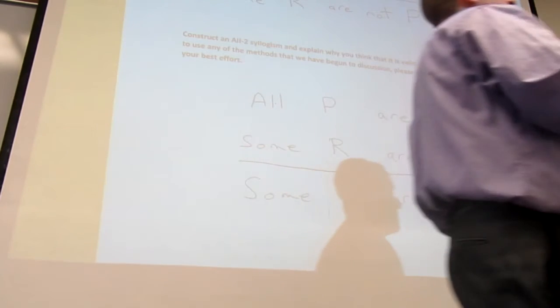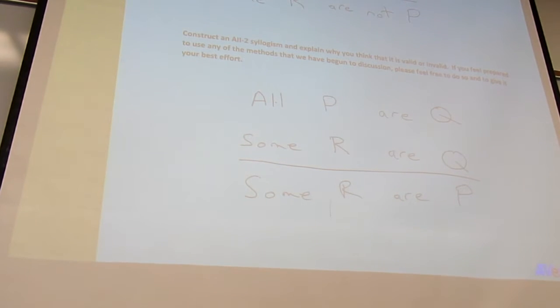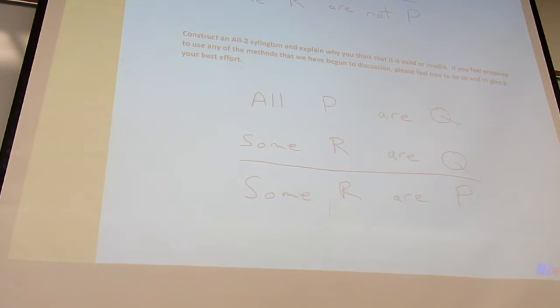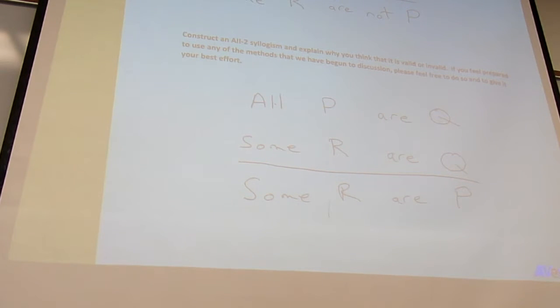If it turns out to be false, you can say without a doubt that it is invalid. So suppose we tried our hand at filling in content. All wallabies are marsupials. Well, actually, that's probably not a good one.